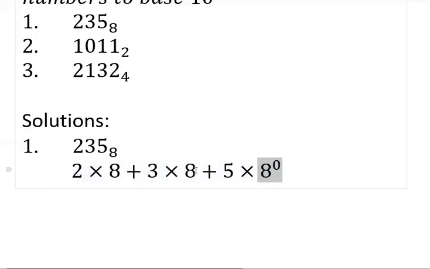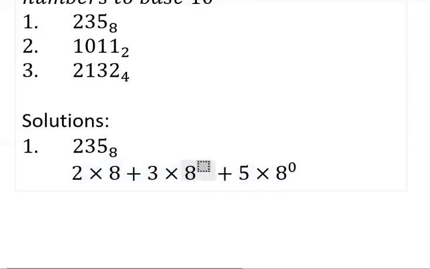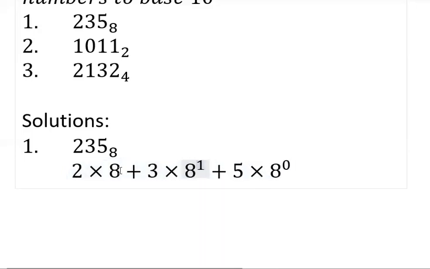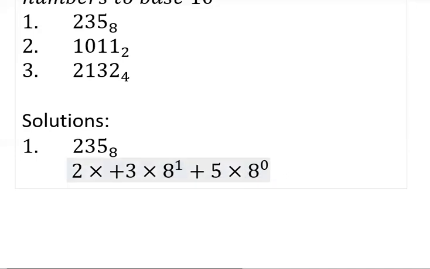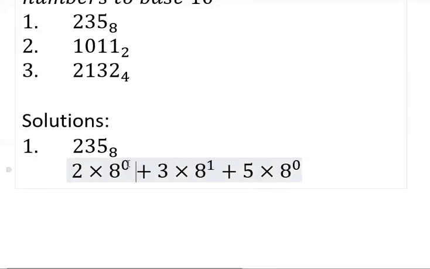So instead of this, you can say to the power of 1. Instead of this, you can say to the power of 2. Don't forget, because this is a 3-digit number, 2, 3, and 5, we are dealing with base 8.